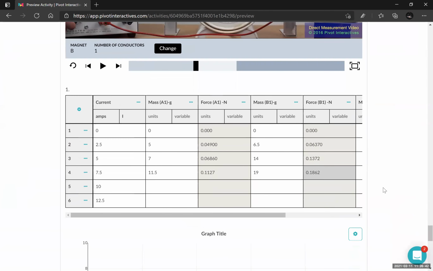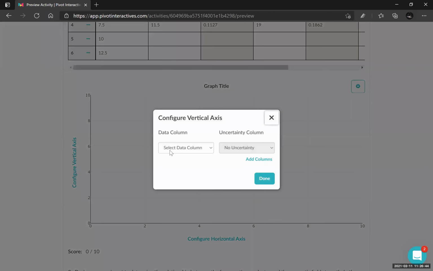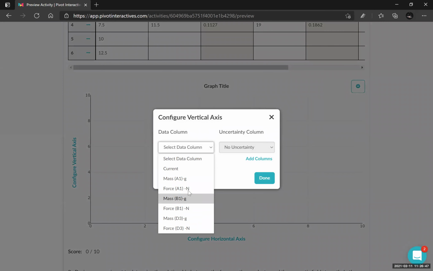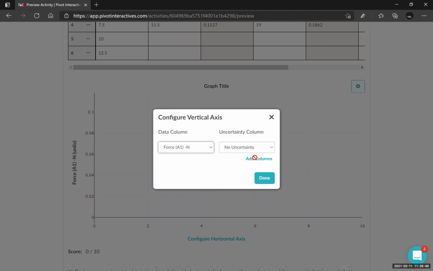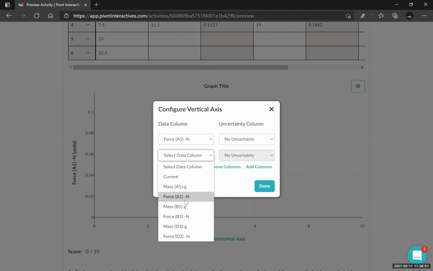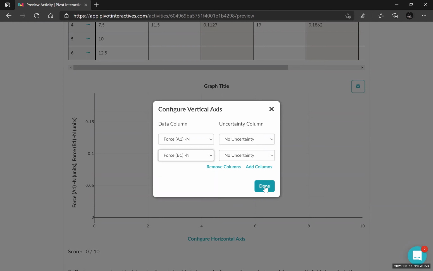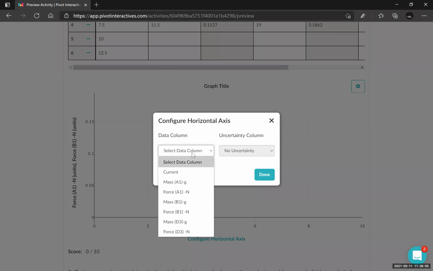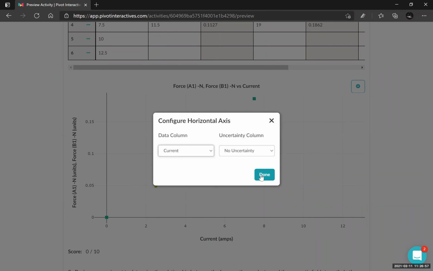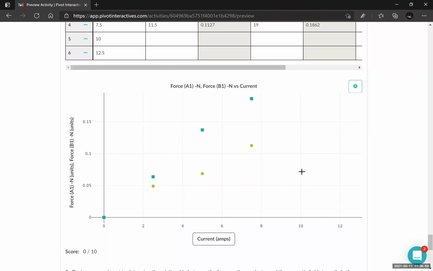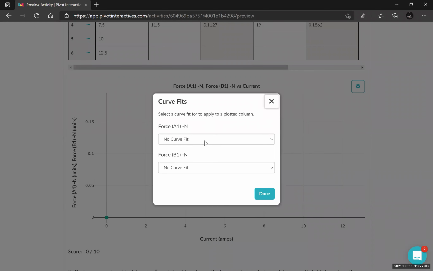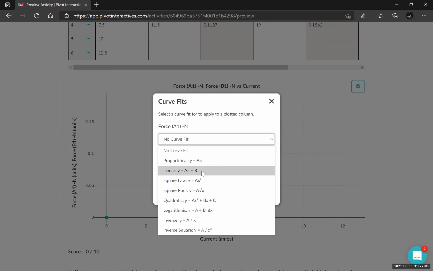And the idea is then you come back and say, here's my force A1, and here's my force B1, and I'm going to plot this with respect to the current. Each new magnet is stronger than the previous one, so you can do proportional linear.